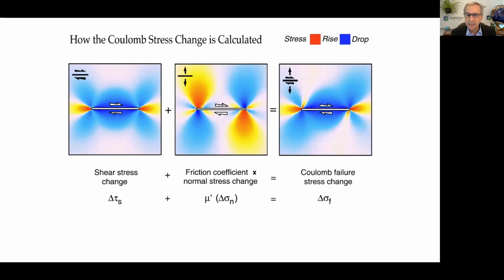And what that tells us is, for this strike-slip rupture, it will promote earthquakes and aftershocks out here, and to a lesser extent here and here, and it will inhibit earthquakes in what we call the stress shadow zones. So that's the concept. You are shearing and unclamping to promote failure, and the reverse inhibits failure. Now, let's go out into the field and see how this plays out in the real world.